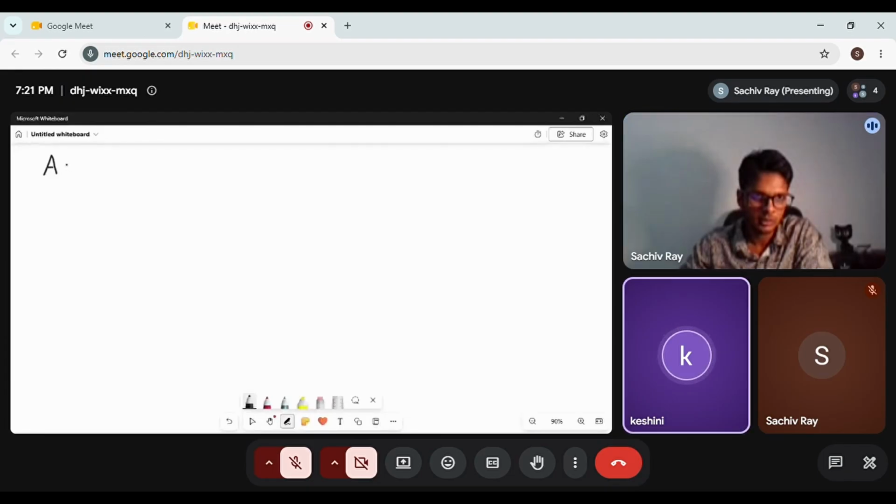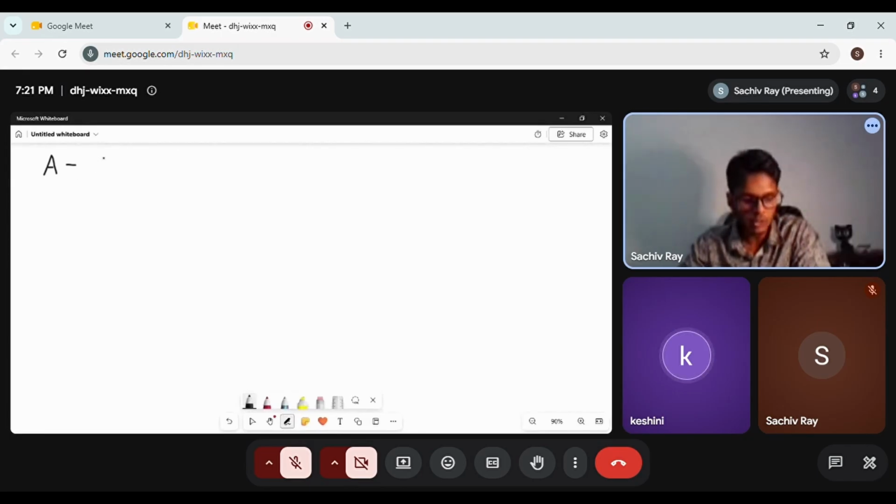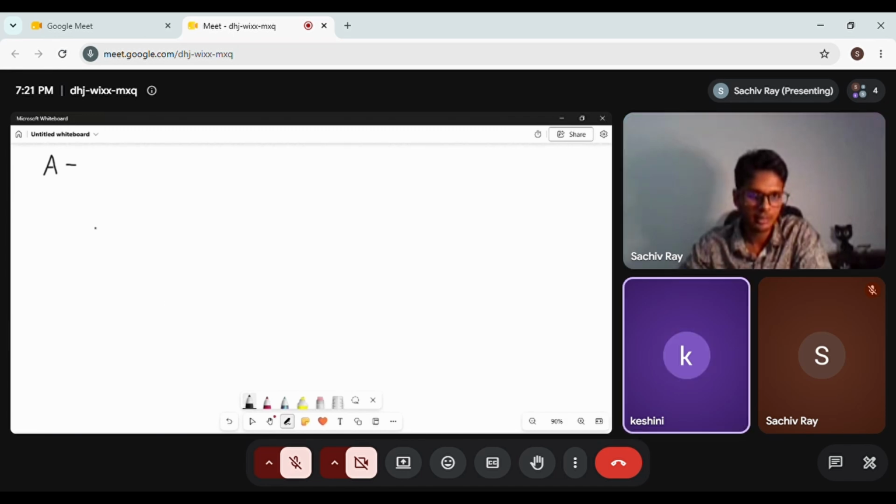Leave a space below that and write A. Put A and put a dash and write farmers who cultivate only paddy.